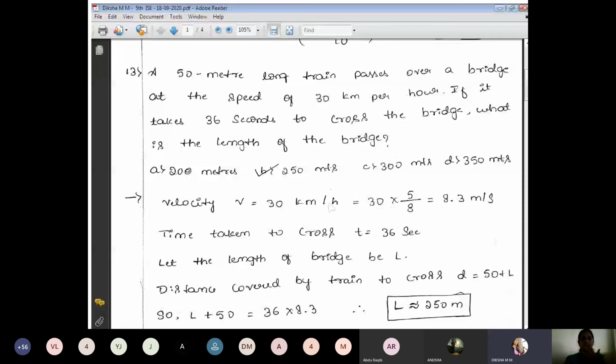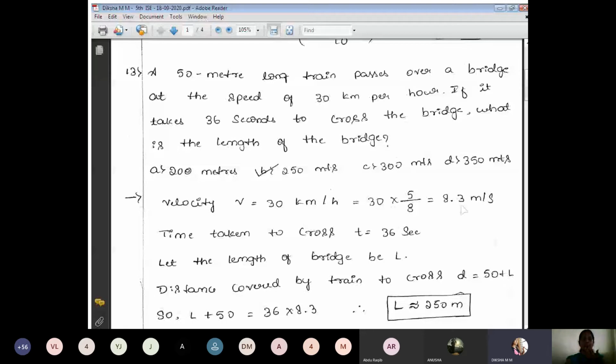You already know how to convert kilometer per hour into meter per second. 1 kilometer per hour is equal to 5 by 18 meter per second. So 30 kilometer per hour converted into meter per second means 30 into 5 by 18 meter per second.